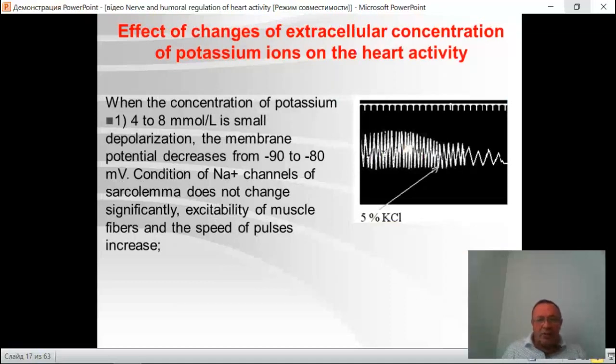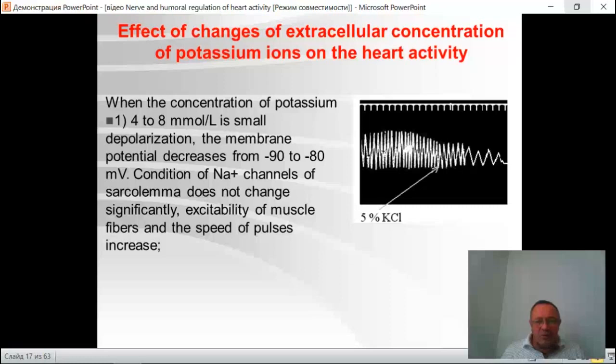Effect of change of extracellular concentration of potassium ion on the heart activity. When the concentration of potassium ion is from 4 to 8 millimole per liter, there is a small depolarization, the membrane potential decreases from minus 90 to minus 80 millivolts.